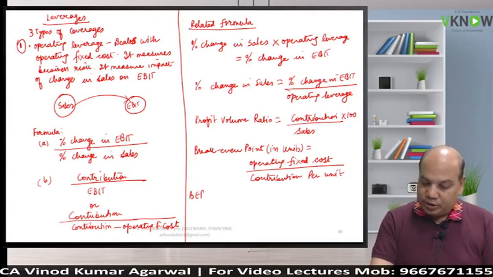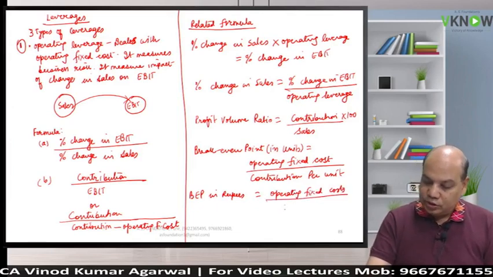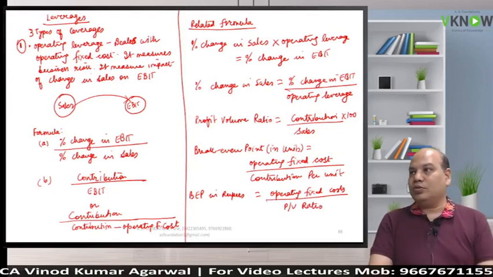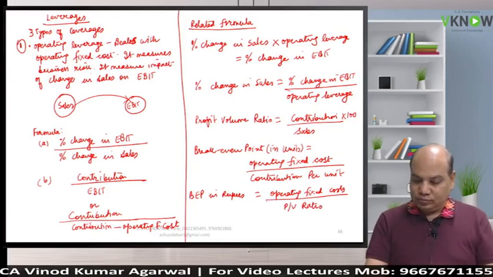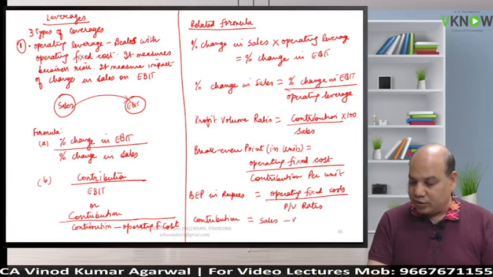Break even point in rupees is equal to operating fixed cost divided by profit volume ratio. Contribution equal to sales minus variable cost.